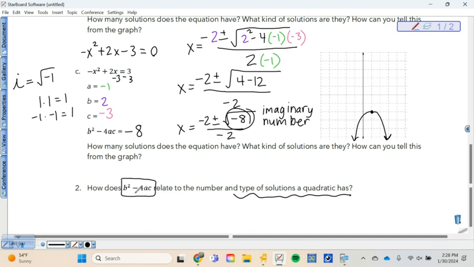So there's kind of three options. It can be a positive number, it can be a negative number, or it can be 0. If we end up with a positive number, there's going to be two real solutions.